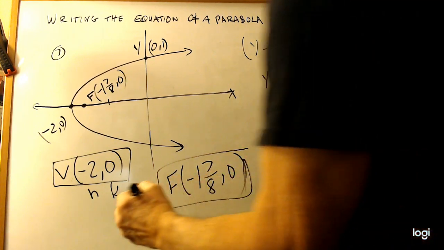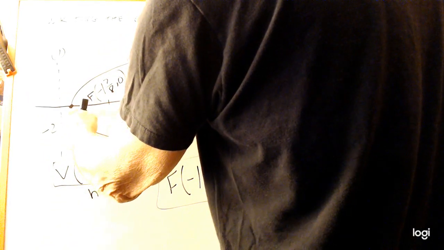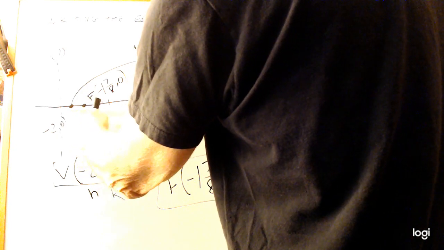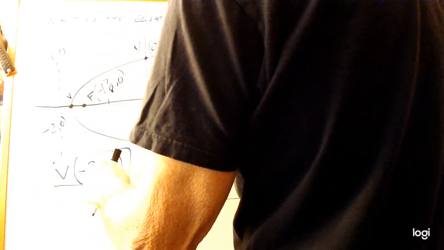And then what else do we want? Well, we usually want the directrix. So the directrix, in this case, is a line perpendicular to the axis of the parabola, but outside the parabola. So if p is 1/8, to get the focus, I counted from the vertex this way. To get the directrix, I go the other direction.